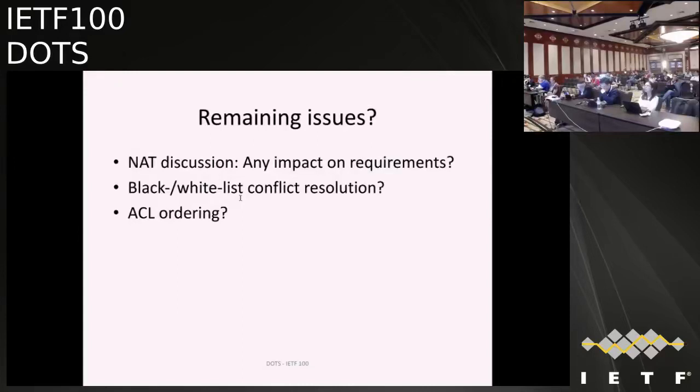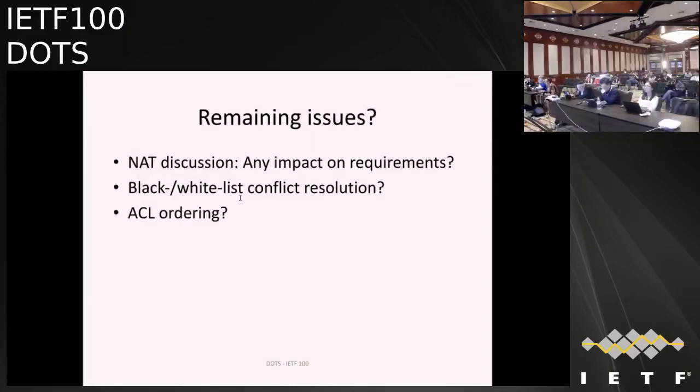All right, so there's also been some on-list discussion of NAT considerations. It seems like a lot of this can be covered in the architecture, which I will cover in the next presentation that I'm doing. But it's not clear to me that there's any impact on the requirements as a result of this discussion of NAT considerations.